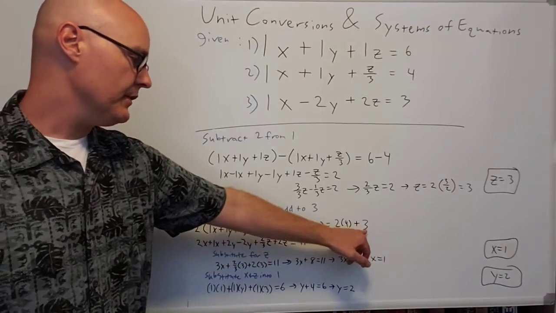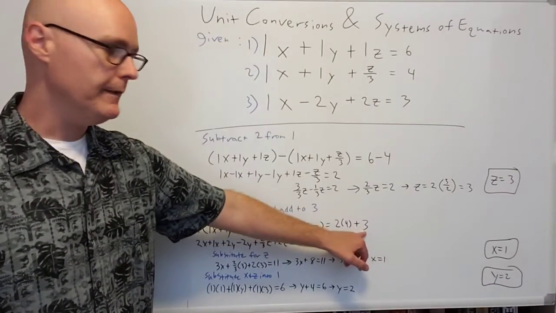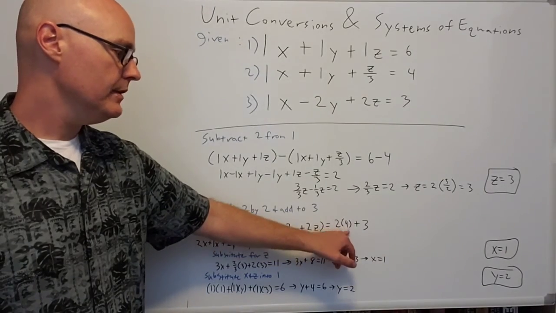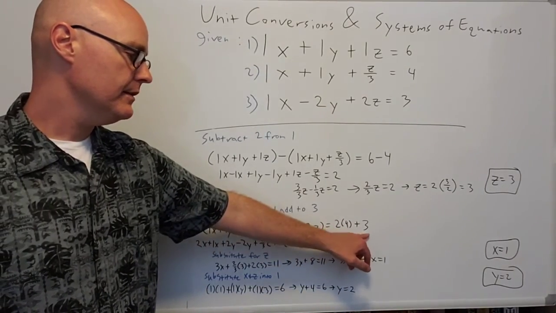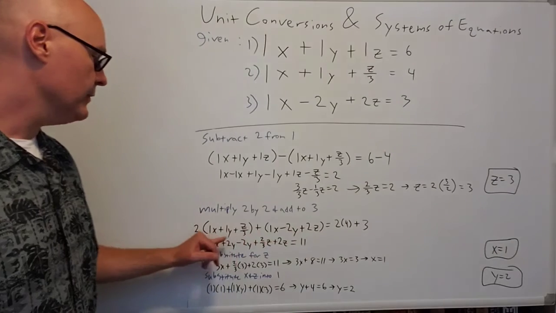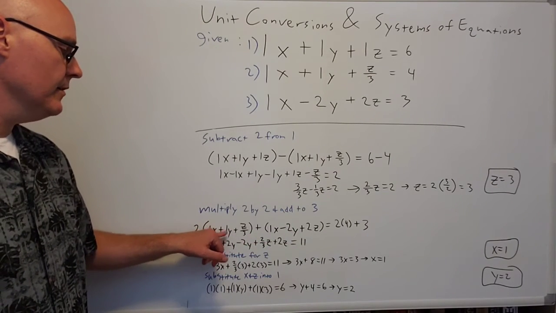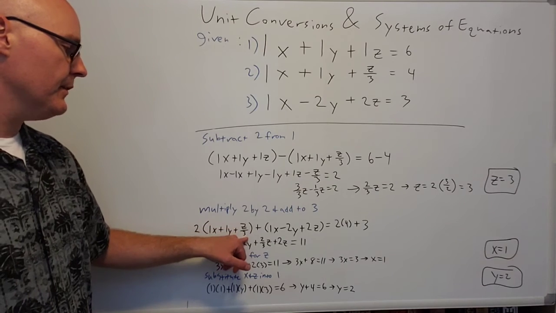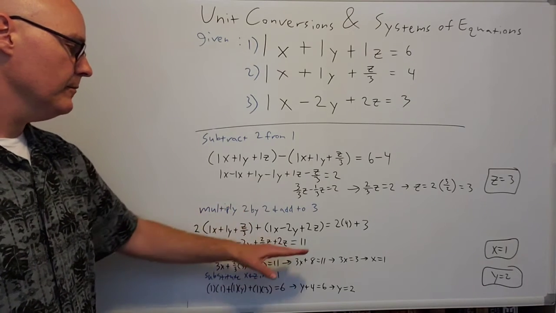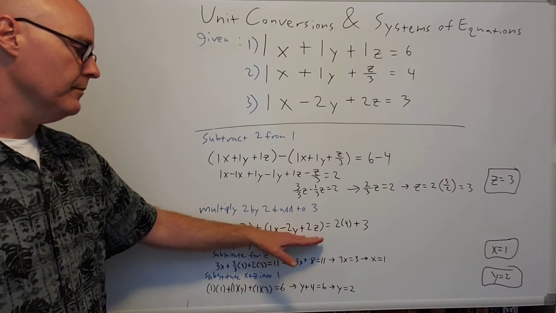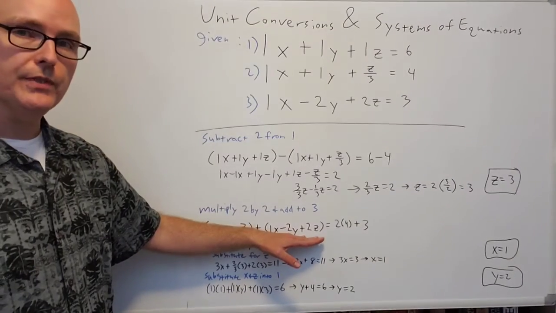That portion is equal to 3, and that's where this 3 comes from. So I'm saying that 2 times 4 plus 3, that quantity is equal to 2 times the quantity of 1x plus 1y plus z over 3, plus 1x minus 2y plus 2z.